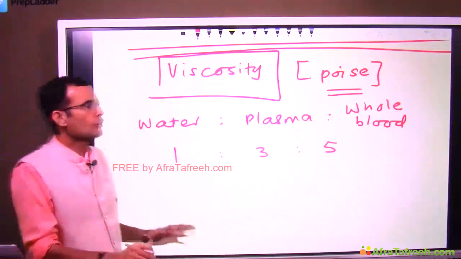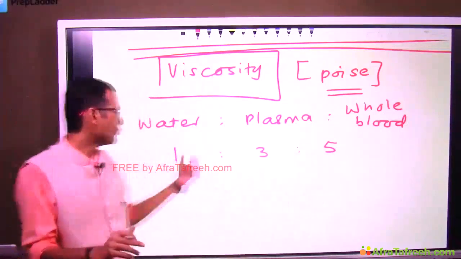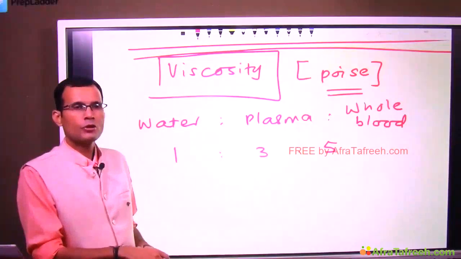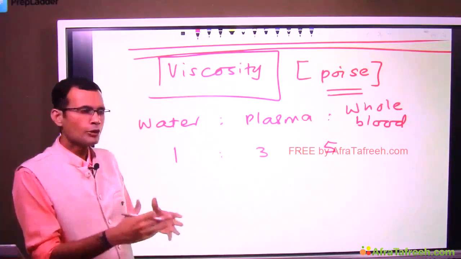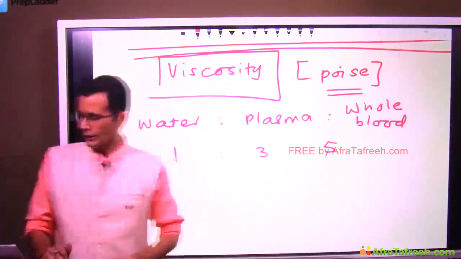So viscosity of the whole blood is 5 as compared to water viscosity taken as 1. So that is about viscosity. It talks about the shear stress between the laminae of the blood flow.